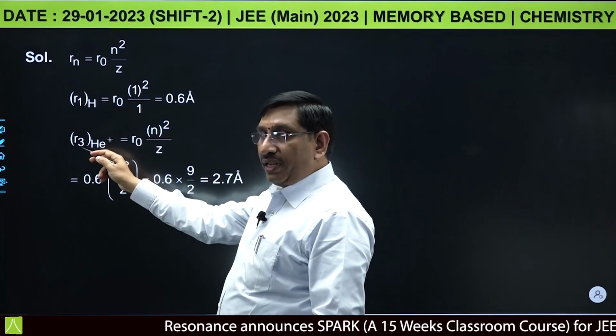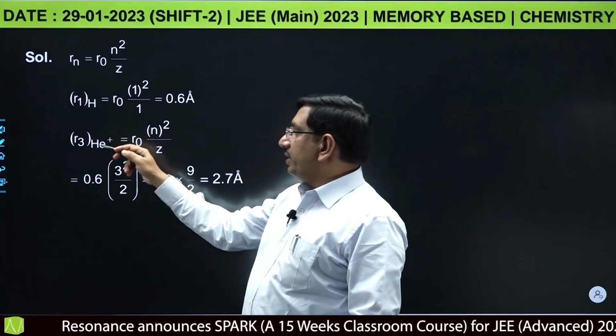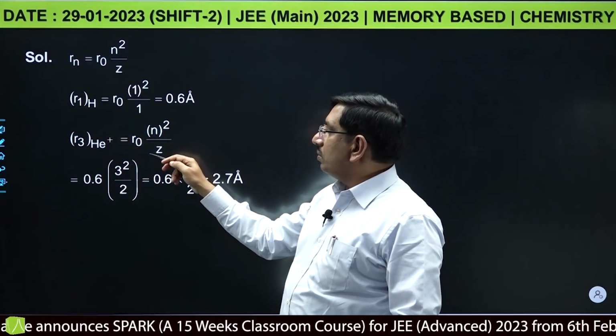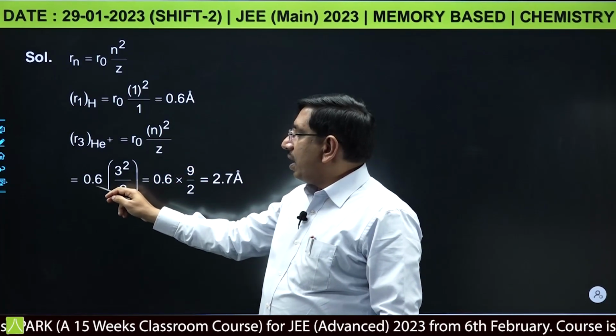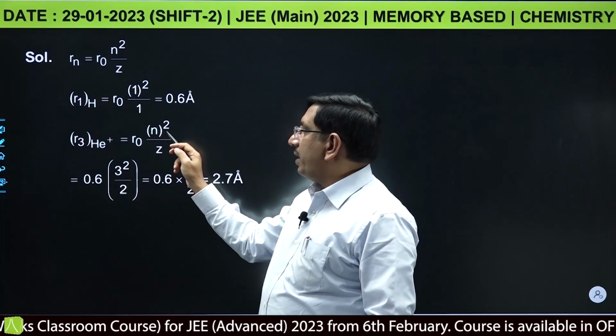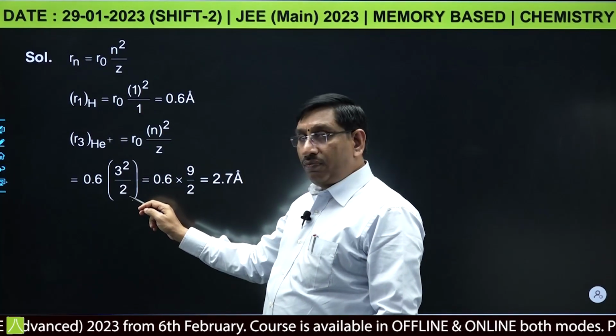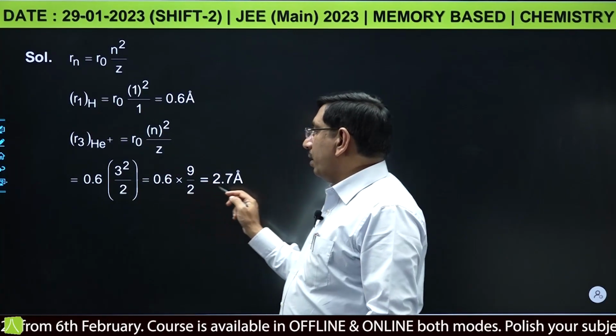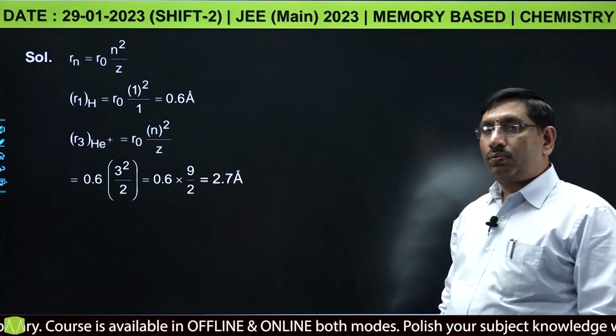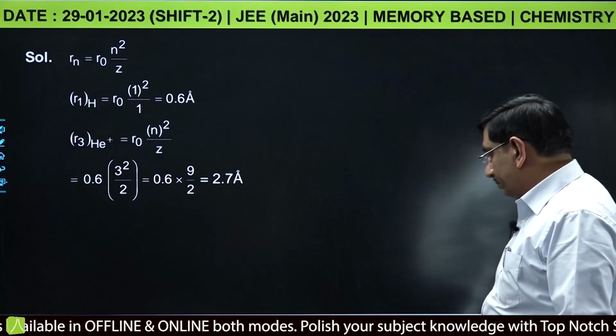Now, for He+ third orbit, radius will be equal to R0 into n square by Z. Here R0 is 0.6 and n value is 3, so 3 square, and Z value for He+ is 2, and on calculation you are getting 2.7 angstrom.